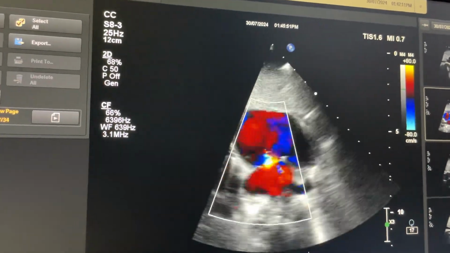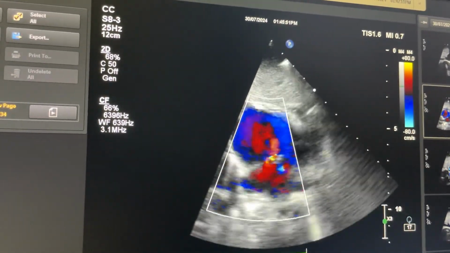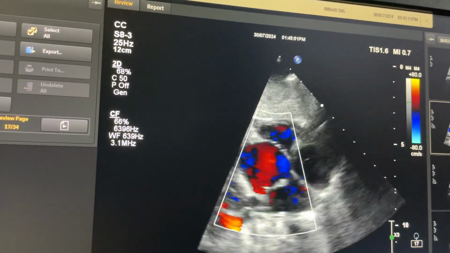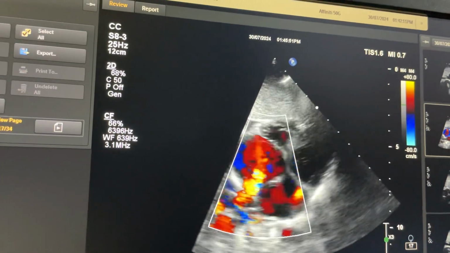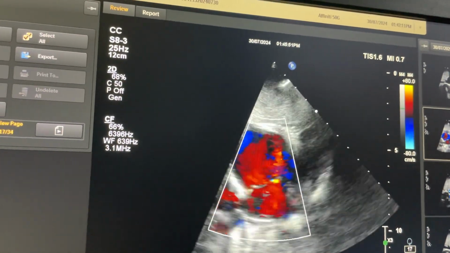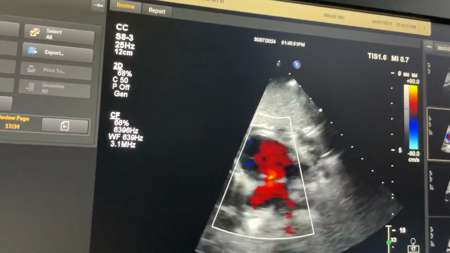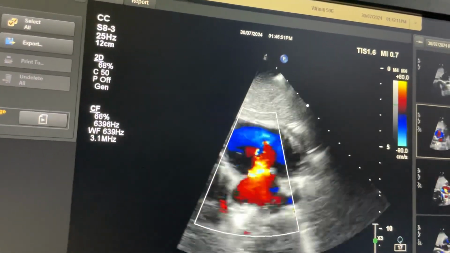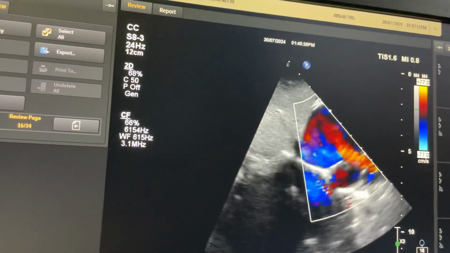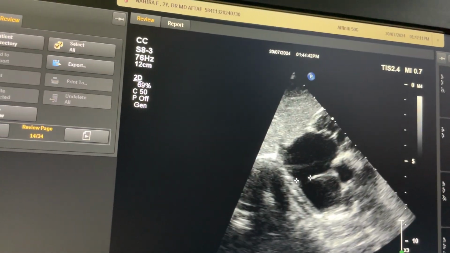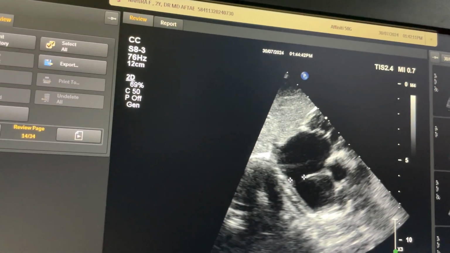Very interesting video. If you make this image, like this subcostal view, four chamber to simply transverse view, transverse section, you will get this image. You see the size of ASD.